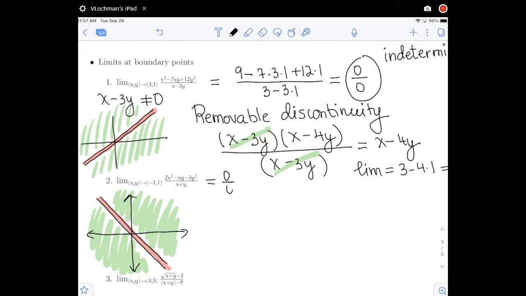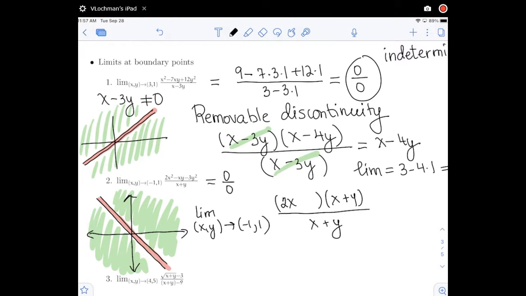Now we need to see if we can factor this. So limit as (x, y) goes to (negative 1, 1). I'm going to try and factor my expression on the top. So I'm going to set it up like this. It's 2x and then x over here. And I need to have 3y. So I need to figure out what my y values are, right? You can kind of predict that this expression will be the same as one of the factors on the top.